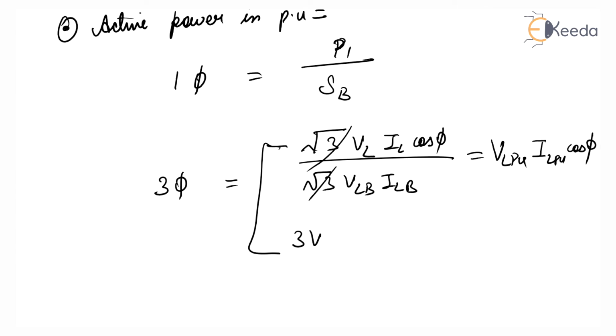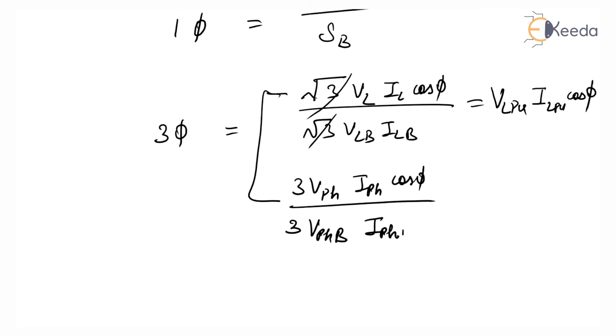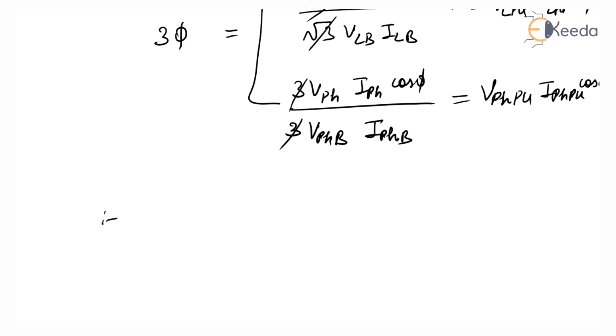And for phase, it is 3 V phase I phase cos phi upon 3 V phase base I phase base, actual upon base quantity. This 3 cancels out, so it is equal to V phase per unit I phase per unit into cos phi. Please note: don't take root 3 or 3 in the per unit system.